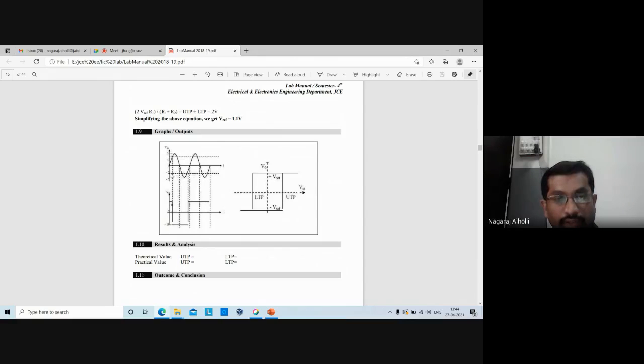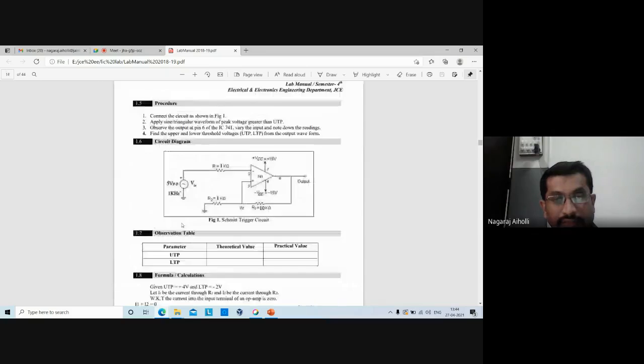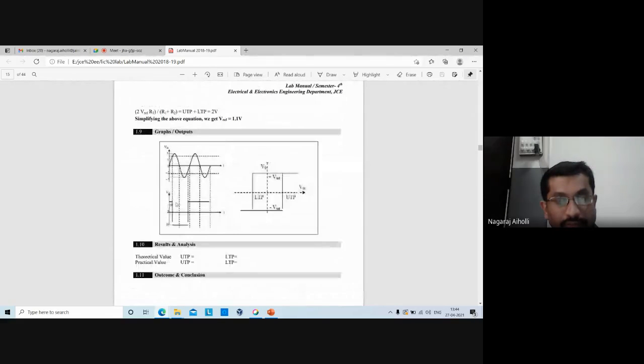At the UTP, the output switches from plus Vsat to minus Vsat, because it is an inverting configuration. At the LTP, at this particular level of input voltage, the output switches from minus Vsat to plus Vsat.